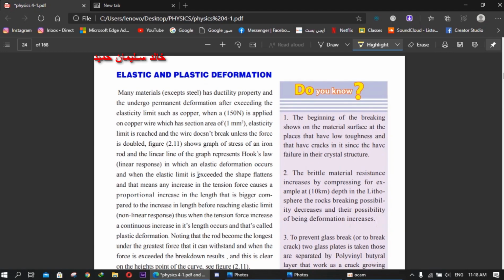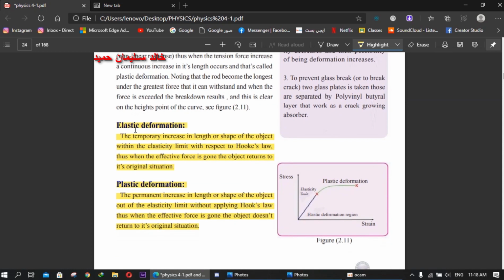Now we are going to study this section, elastic and plastic deformation. There are two types of deformation. The first one is elastic deformation, and the second is plastic deformation.